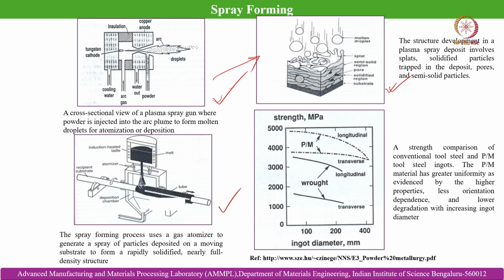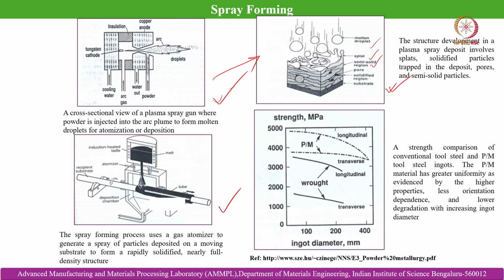That is why the deposition of the coating layer over the substrate includes several different microstructures at different regions, because of the presence of the semi-solid region, splats, molten droplets, pores, etc.